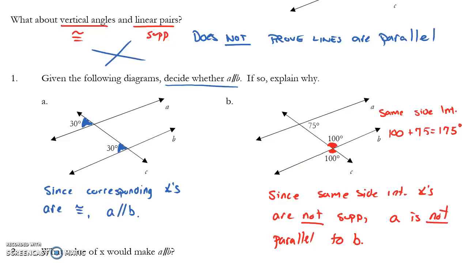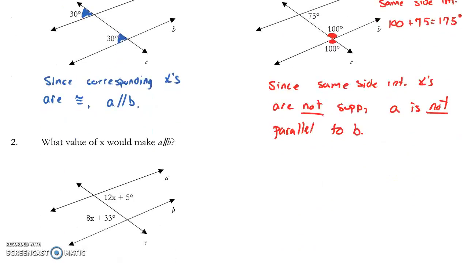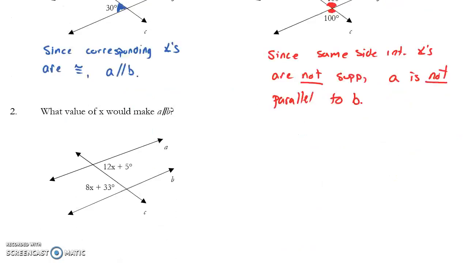The last type of problem is an algebra application type problem. And here, I want to know what value of x would make this parallel. I treat this problem as if they are parallel. If these two lines were parallel, then these two angles, my alternate interior angles, would need to be congruent.